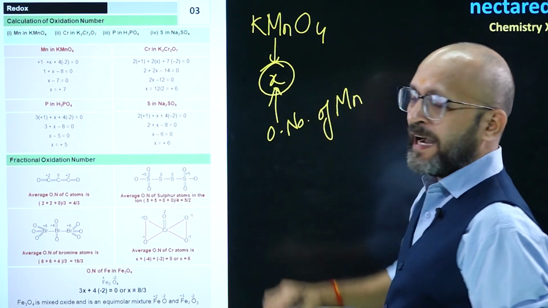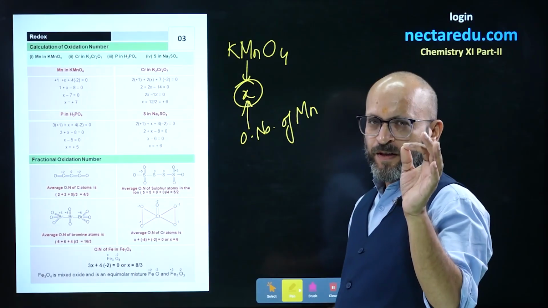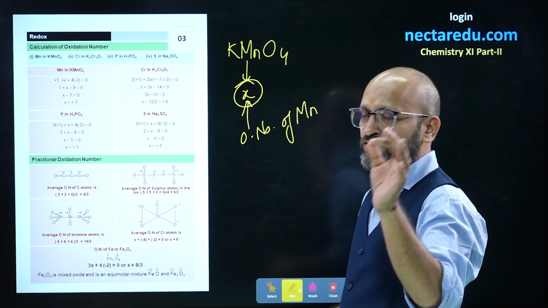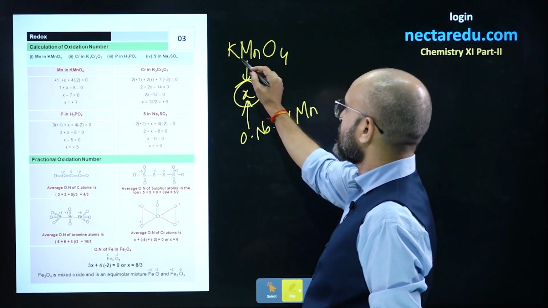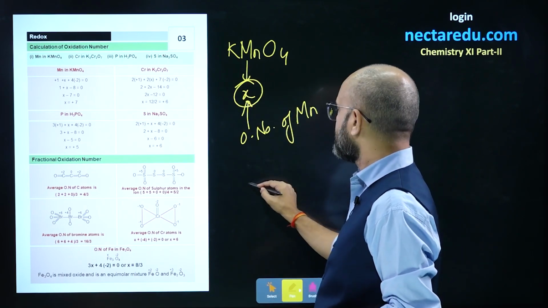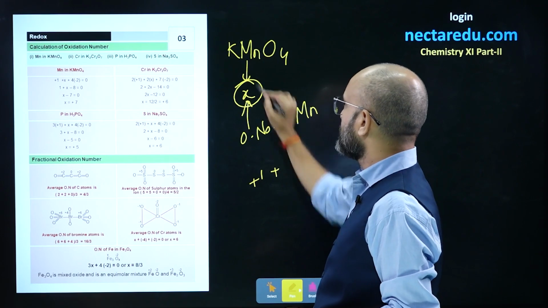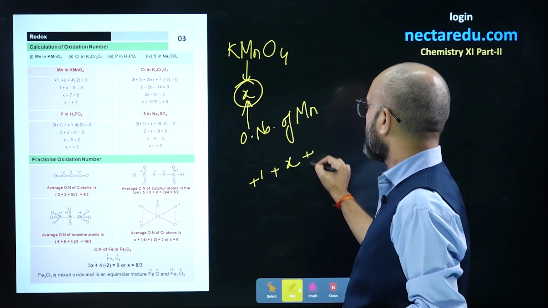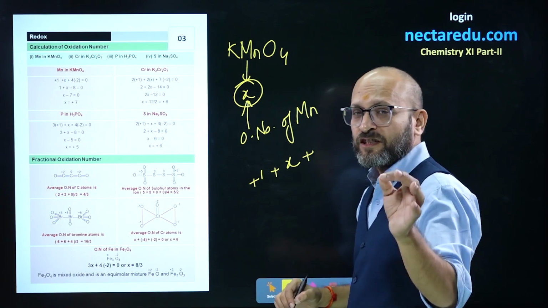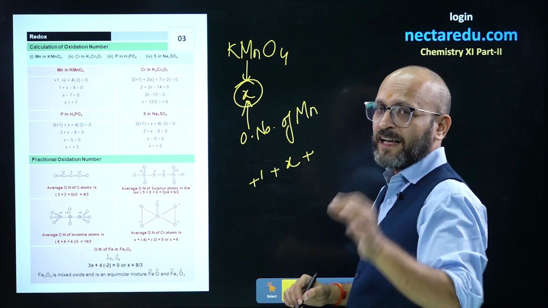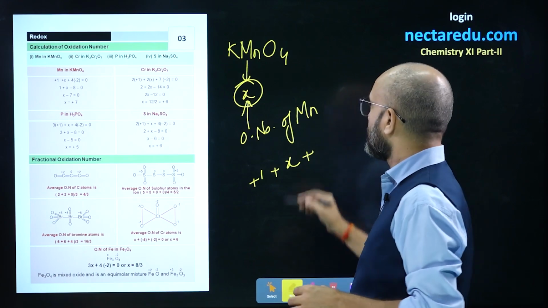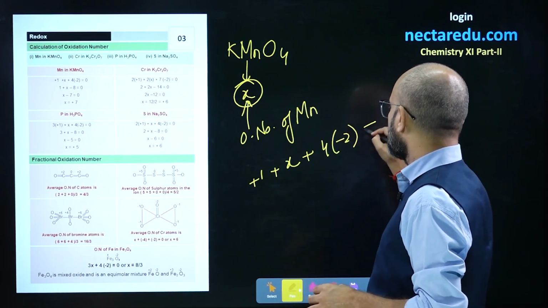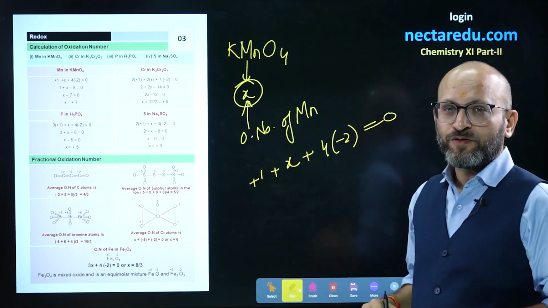Now I'll use the summation of oxidation numbers of all atoms equals 0 because it is neutral. The oxidation number of potassium is +1, one atom, so +1. Mn is X. And oxygen mostly has a value of -2, and we have 4 atoms, so 4 into -2.